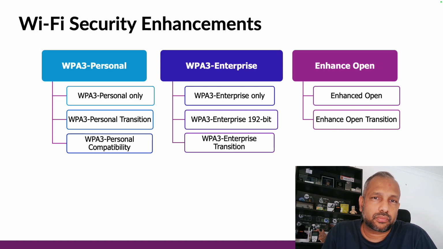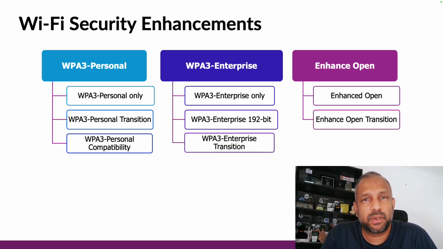If you want your legacy client on the legacy band to connect to the same SSID, there's a transition mode. But this is not very well adopted. It requires 2 SSIDs. Going forward in Wi-Fi 7, there is no transition mode setup. It has to be just Enhanced Open or Open only.